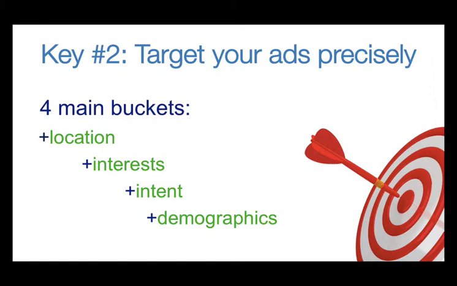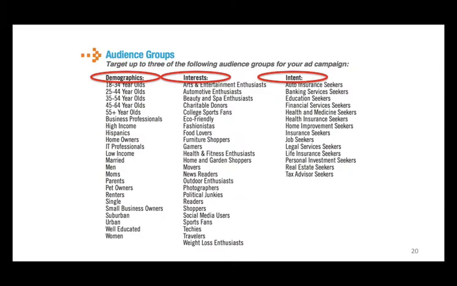So let me just give you an example here. This is from inside of an advertising platform that we have. And you can see here we can target up to 3 of the following audience groups for your ad campaign. And I just want to show you here demographics, interests, and intent to give you some examples.